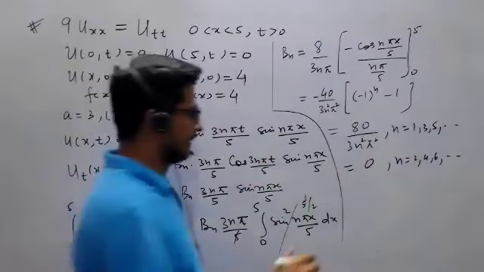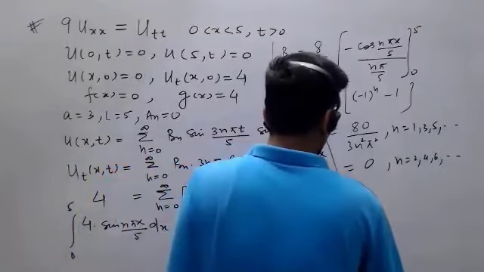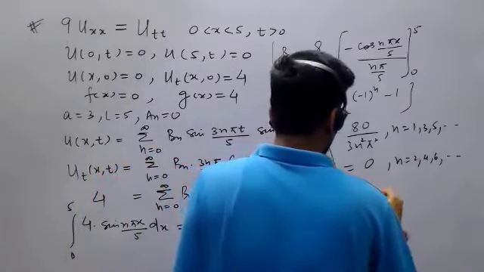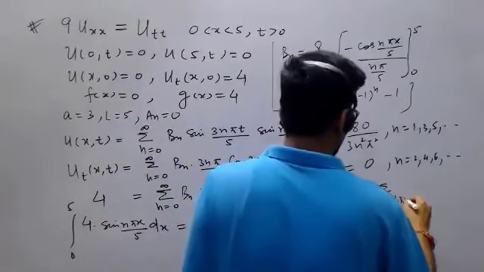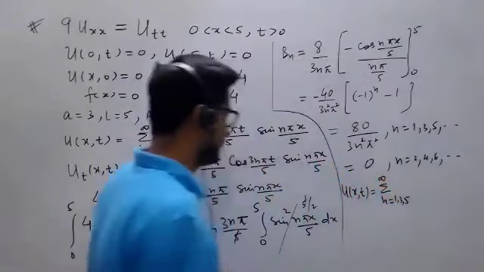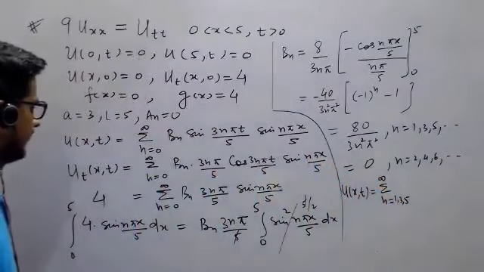So see, now our solution will be u(x,t) is equal to summation n is equal to 1, 3, 5 to infinity, correct?